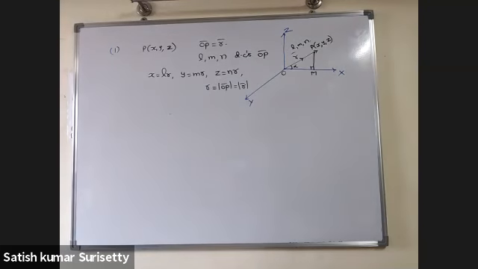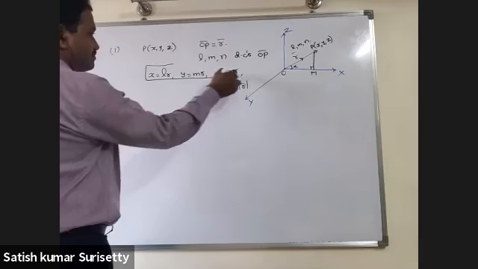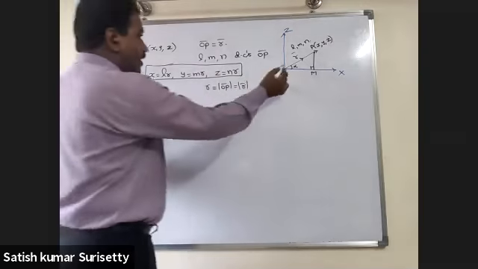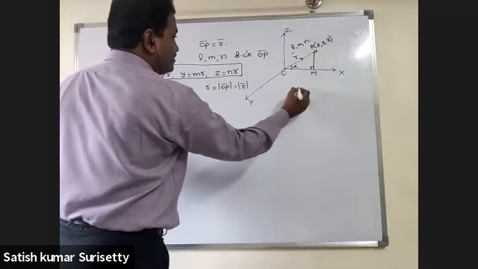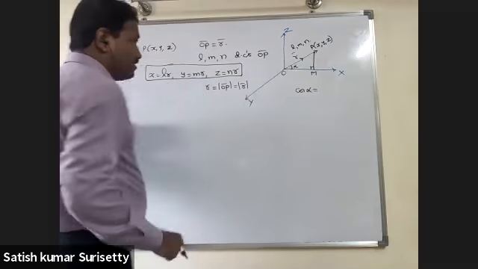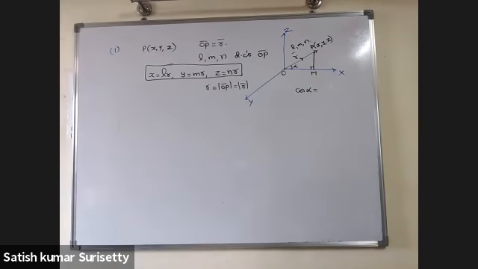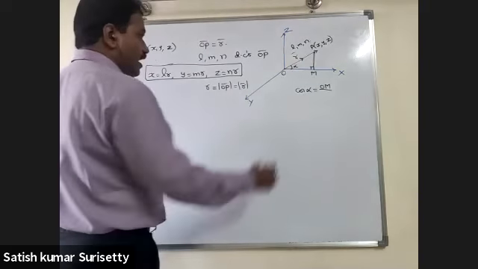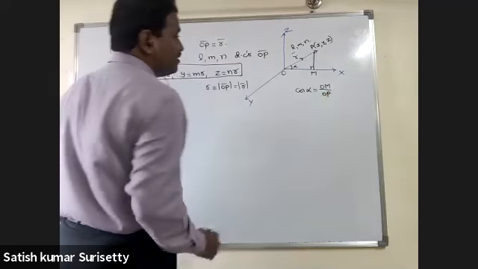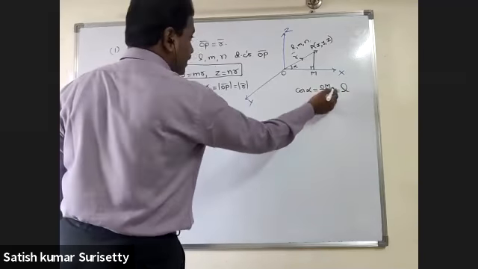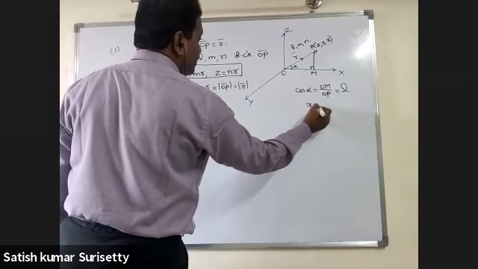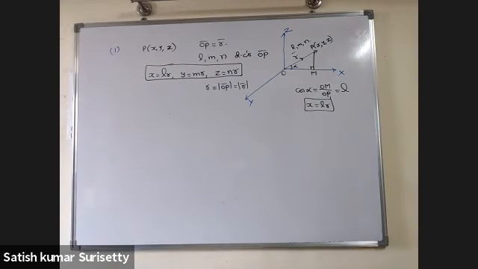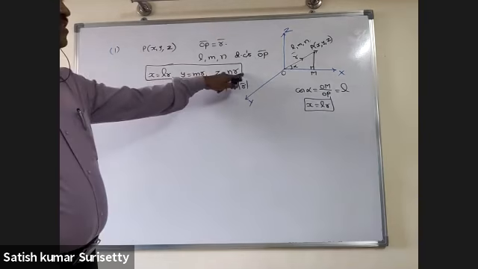If alpha is the angle made by OP with x-axis, then what is cos alpha from the figure? OM upon OP. Cos alpha equal to L, and OM is x, so x equal to LR. In the same manner, y equal to MR and z equal to NR.